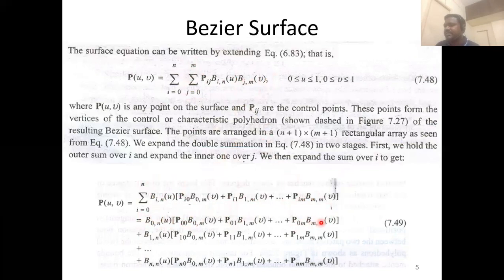This value remains the same. In the next iteration, i value will become 1. Now here B 1n, here P10, here P11, here P1m, the same expression, up to i equal to n. You can say Pn0, Pn1, likewise.